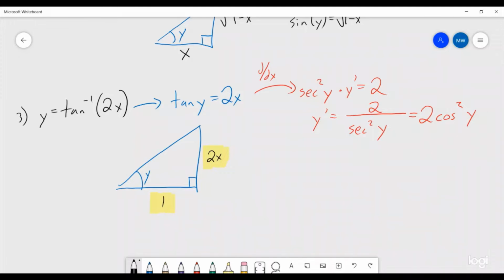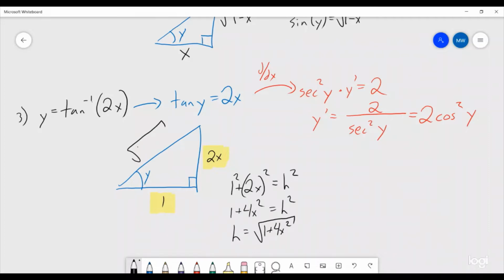Well, Pythagorean theorem says that 1 squared plus (2x) squared is equal to our hypotenuse squared. So let's say 1 plus 4x squared equals hypotenuse squared. Our hypotenuse is the square root of 1 plus 4x squared.